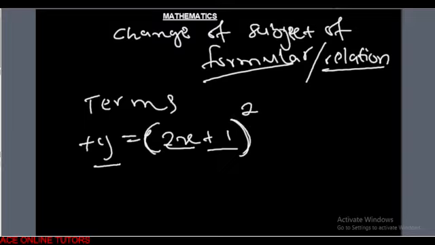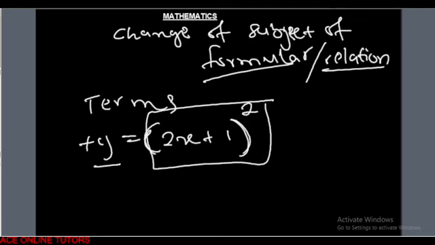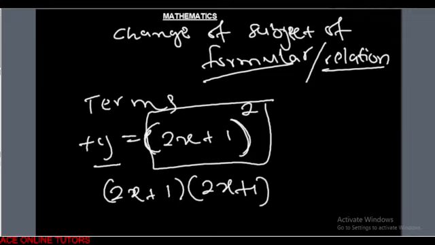So you are going to consider everything like this as a single term, unless you have been able to expand it. If you are able to expand it, then you can have each term separate. 2x plus 1 squared is 2x plus 1 multiplied by 2x plus 1.